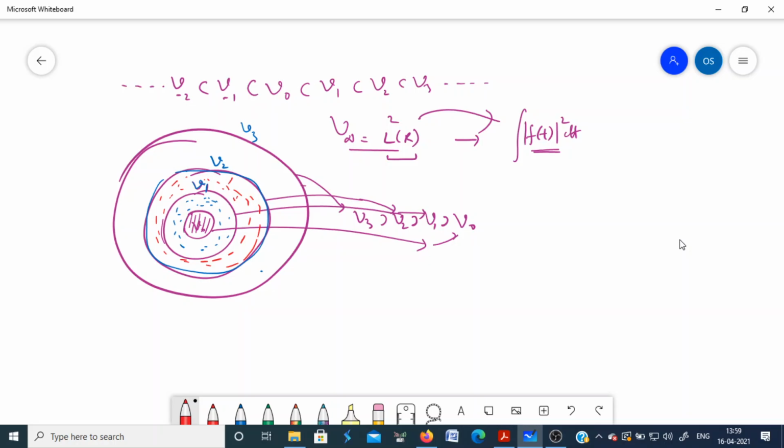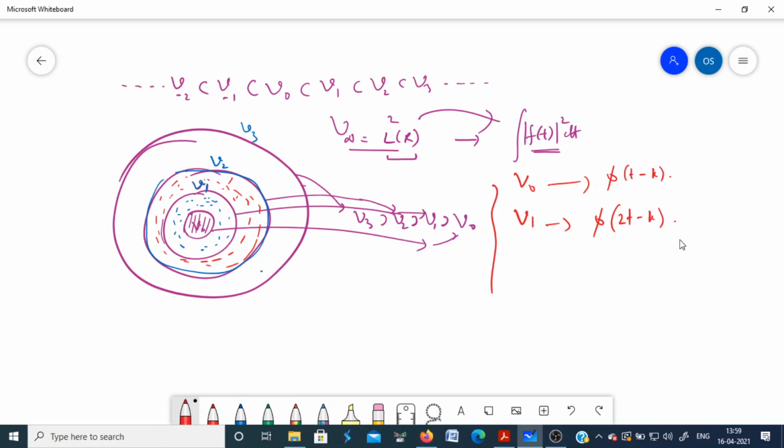Okay, so we are saying that V0 is the span of phi t minus k. That means you are not basically scaling the function, you are just shifting it. And then V1 is the space that is spanned by phi of 2t minus k. So we have used scale 1.